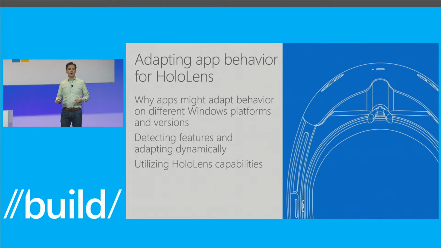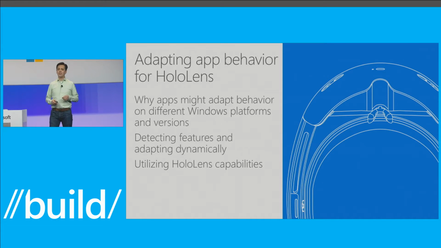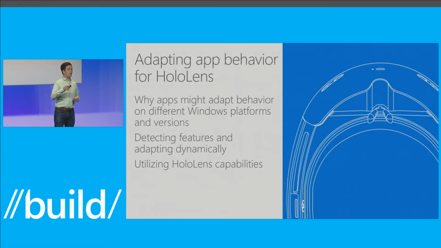What we really don't want you to have to do is to fork your code base and create multiple versions that you have to support. That's just a world of hurt that we don't want you to get into. So I'll cover some of this. I'll also show you how to detect features dynamically and adapt that behavior at runtime. And then lastly, I'll show you how to utilize some HoloLens capabilities with another live code demo.